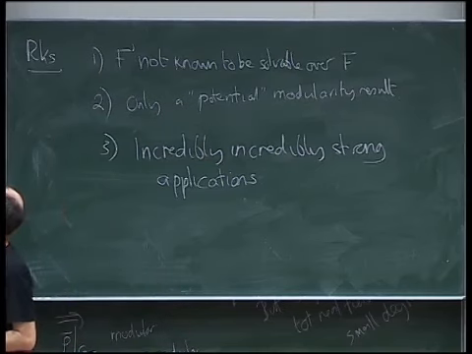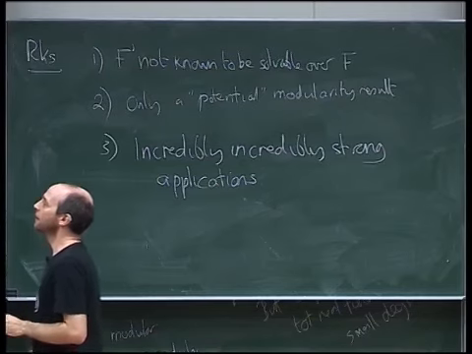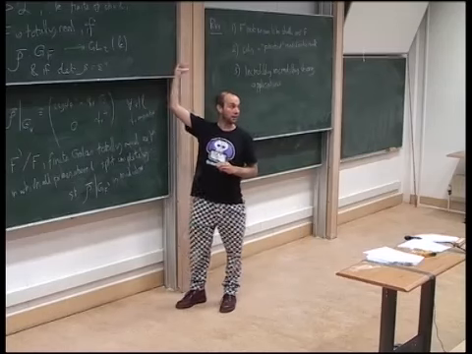The kind of corollaries this theorem has are: if you have rho, a p-adic or l-adic Galois representation, such that rho bar is irreducible, then you can prove that rho is potentially modular.